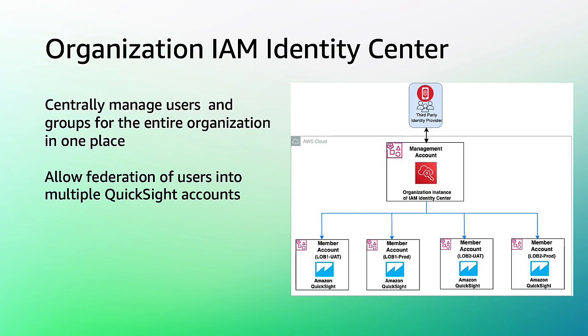We recommend that you always first look at leveraging IAM Identity Center for authenticating with QuickSight and use the organizational level IAM Identity Center, because it's seamless. It allows you to seamlessly access QuickSight resources across multiple accounts.